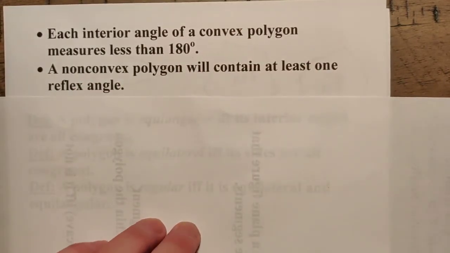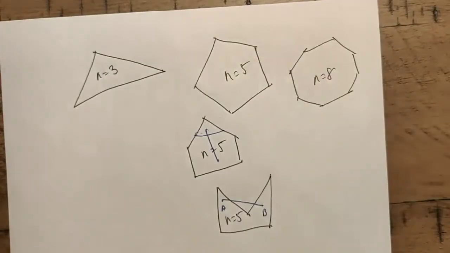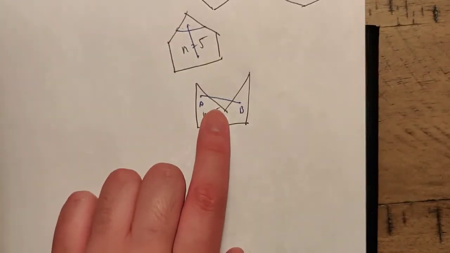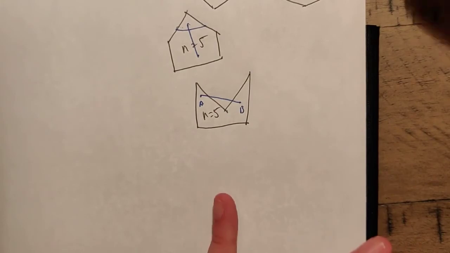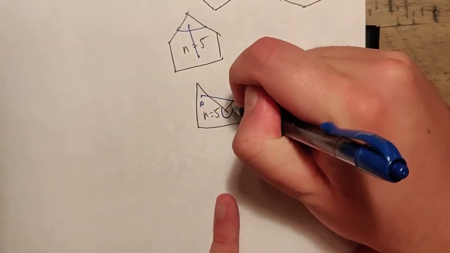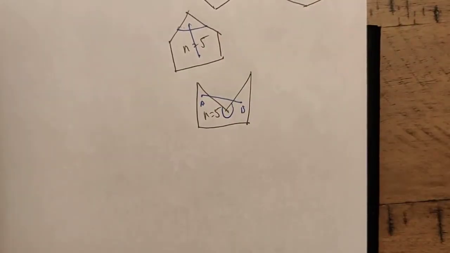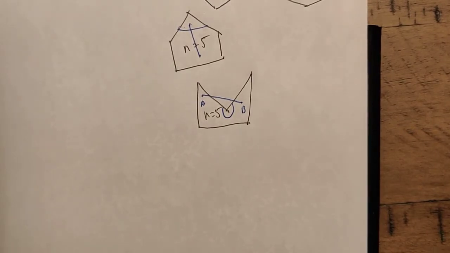Going back to our earlier picture, we seem to have a reflex angle inside our polygon. There's going to be one angle in the interior that is always greater than 180 degrees. That's part of the consequence of the definition, so keep those things in mind.